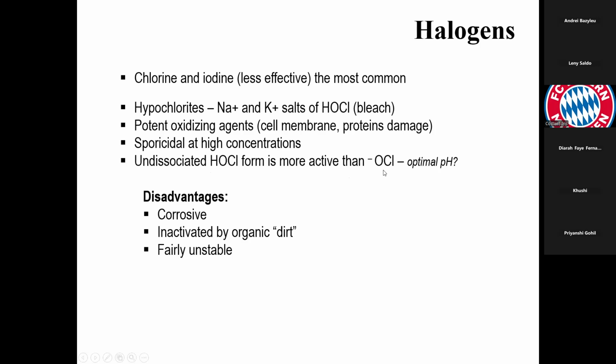Once it's dissociated into the anion and cation, it's a pretty stable form. Forming a radical from this form is challenging. So HOCl, undissociated form, is the form to go. That's why you have to use it at lowered pH.